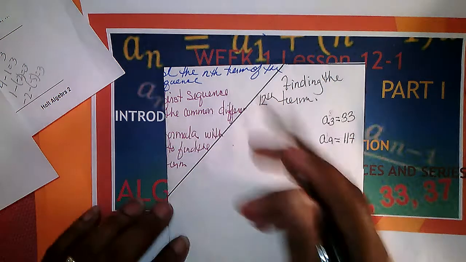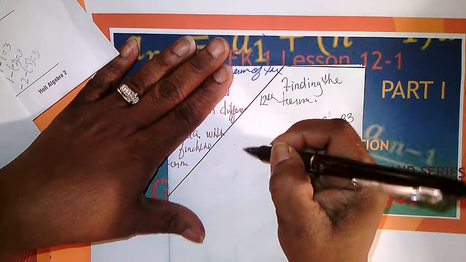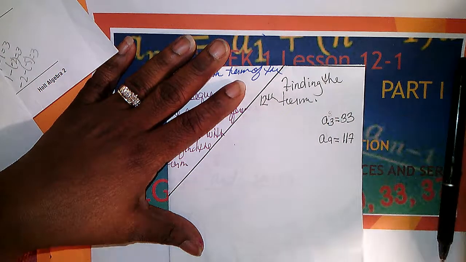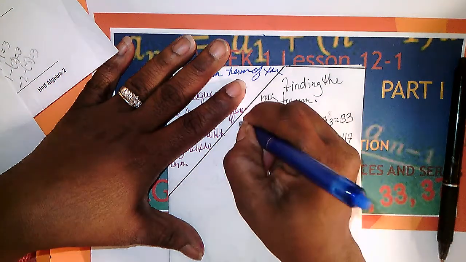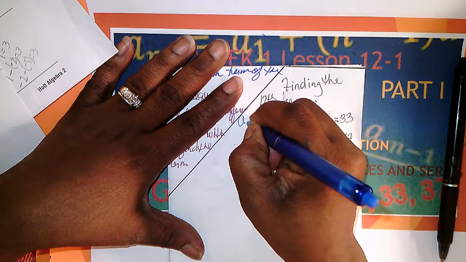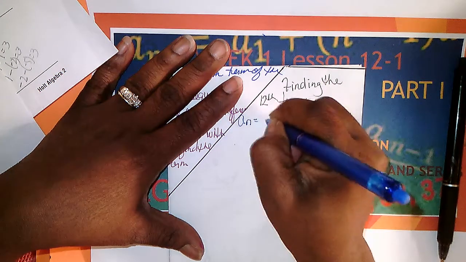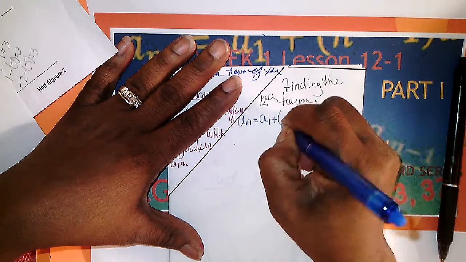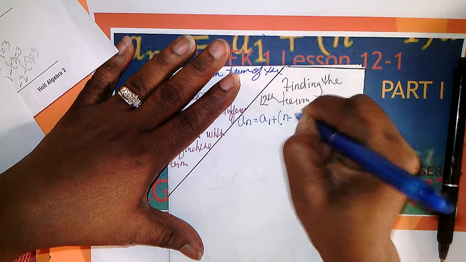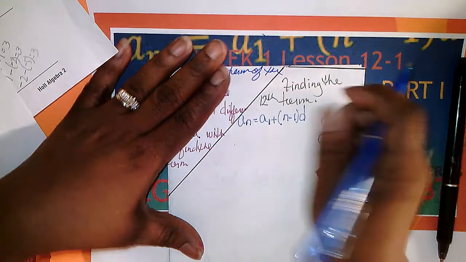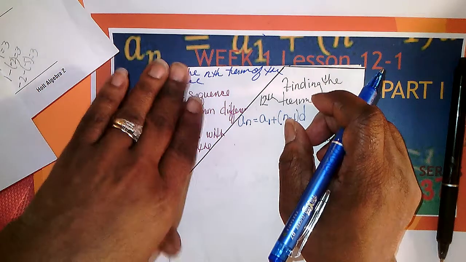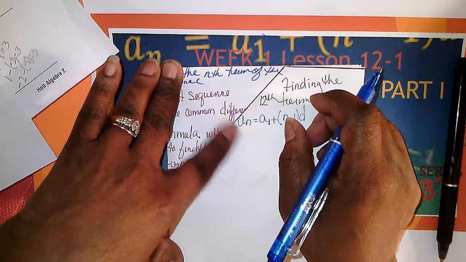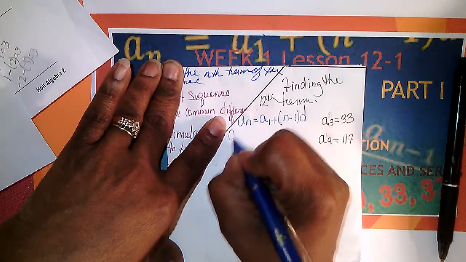The formula that we're going to use is the one that we've been speaking of, a(n) equals a1 plus (n minus 1)d. So it says write the formula, and we did that.